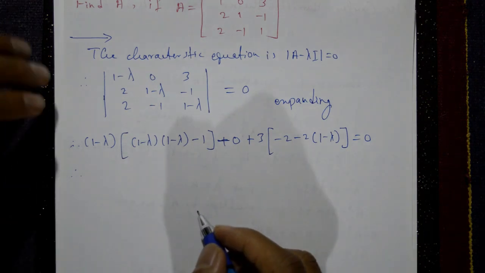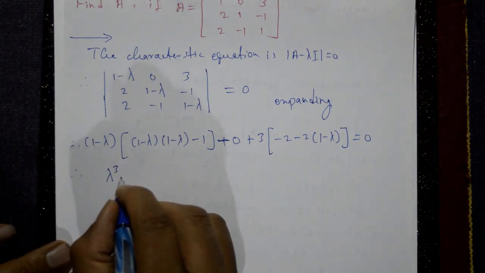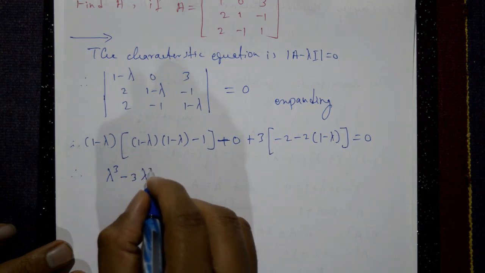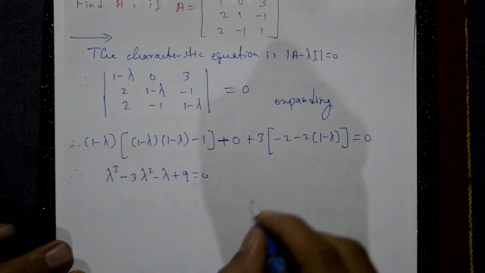Simplifying this, we get lambda cubed minus 3 lambda squared minus lambda plus 9 equal to 0.